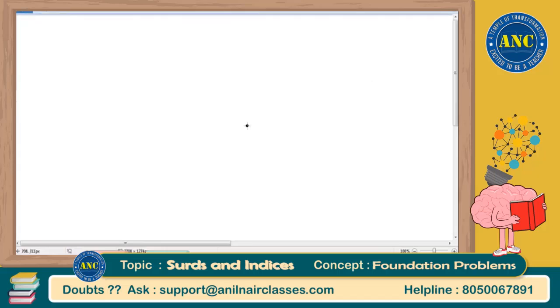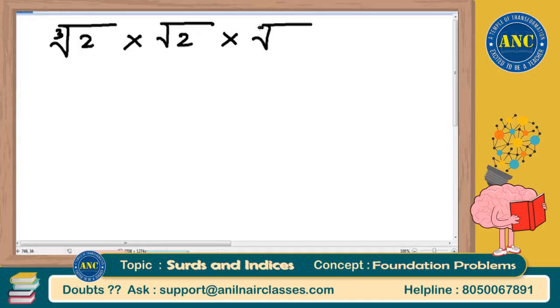Now see the next question. Next question is cube root of 2 into square root of 2 into cube root of 3 into square root of 3. This value I need to find.